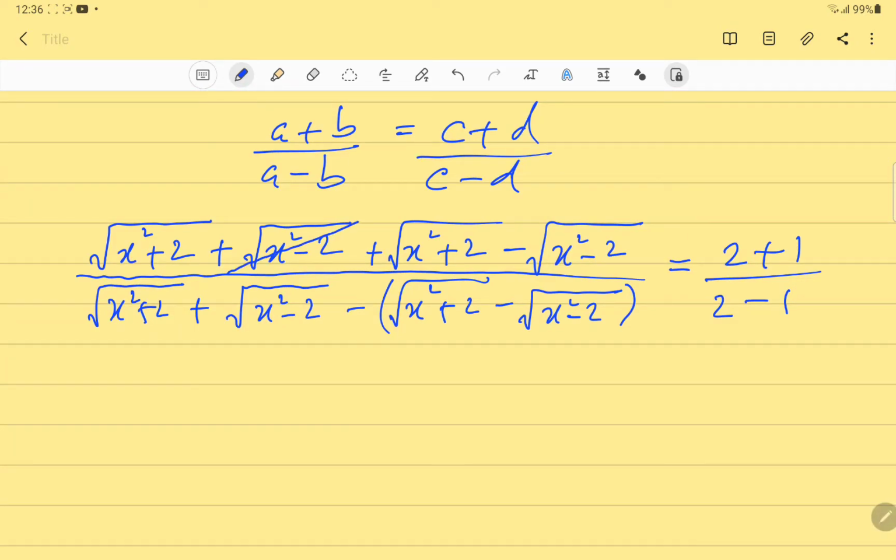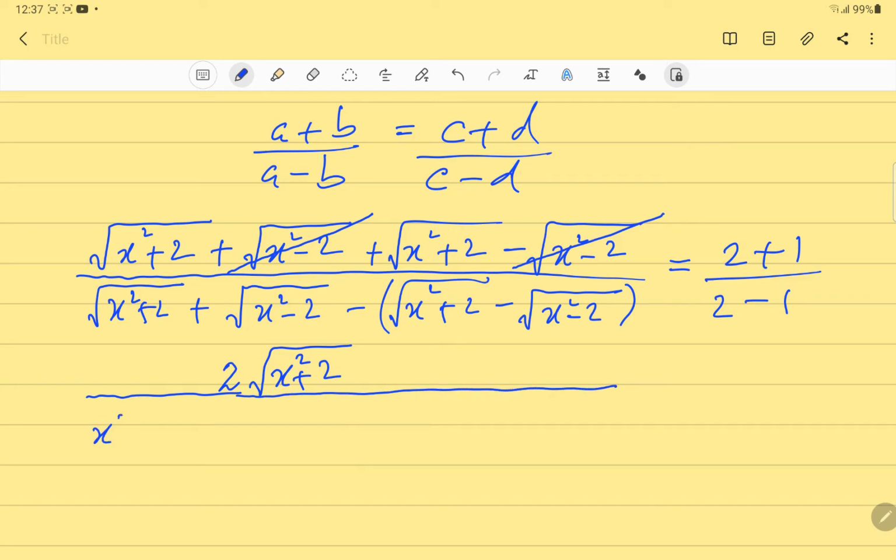This x squared minus 2 square root goes with this one, and in the numerator we are left with 2 x squared plus 2 and in the denominator we will write x squared plus 2 square root plus x squared minus 2 square root. Now we open the bracket. The signs of the terms inside the bracket will change because outside we have negative.